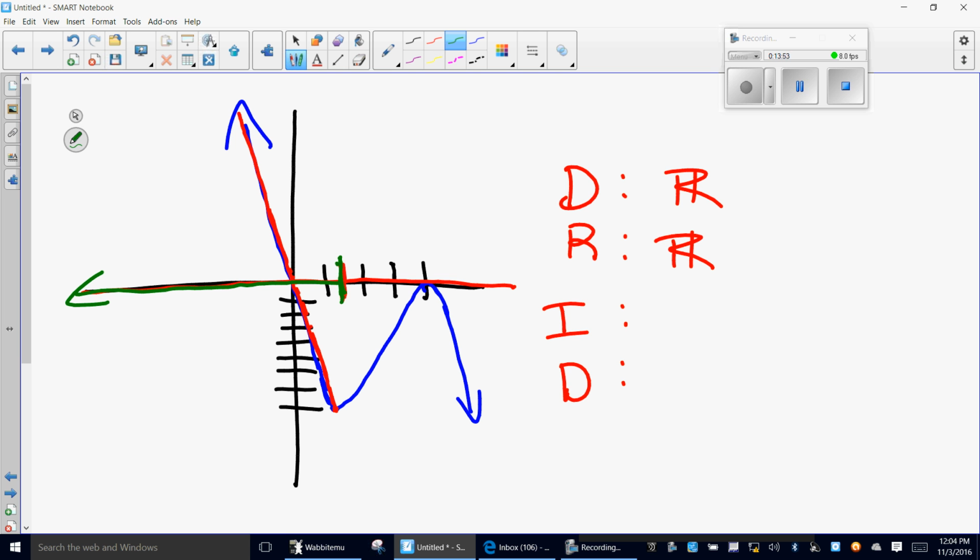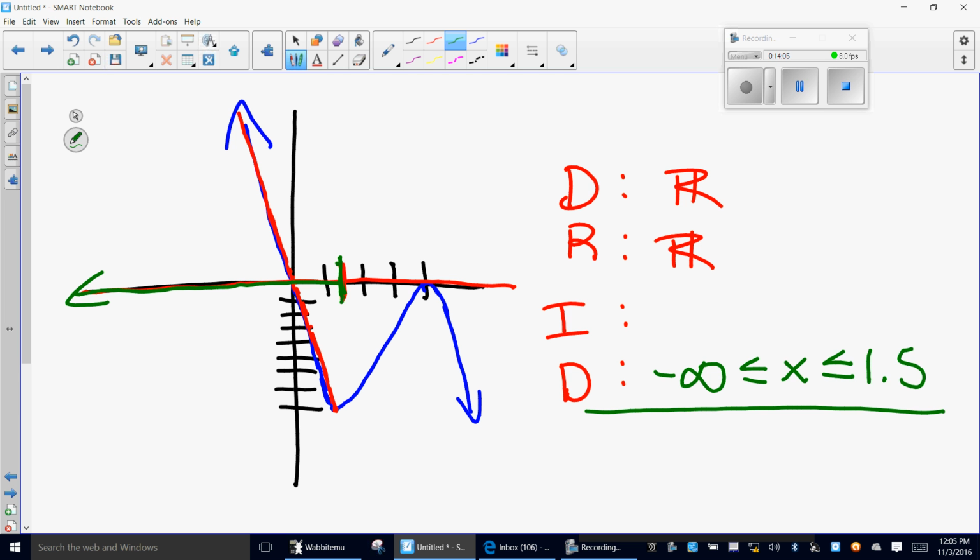So I would say we are decreasing, and that's going to need to go on the decreasing line from negative infinity is less than or equal to x, which is less than or equal to 1.5. Or you could have said 3/2. You do not have to worry about the y's. Forget about the y's. It's how you read it from left to right.